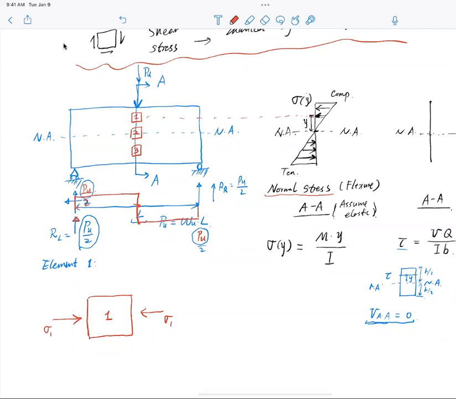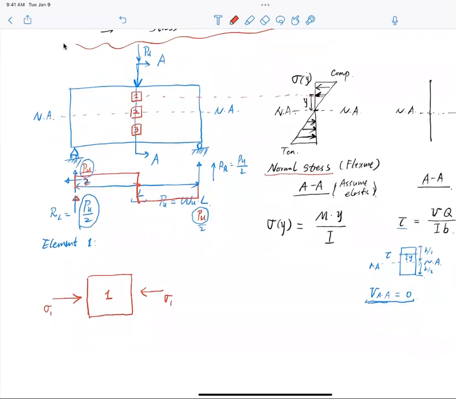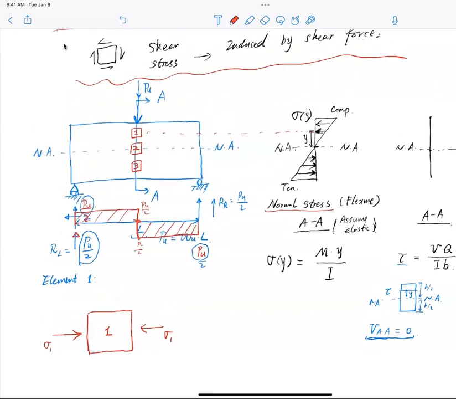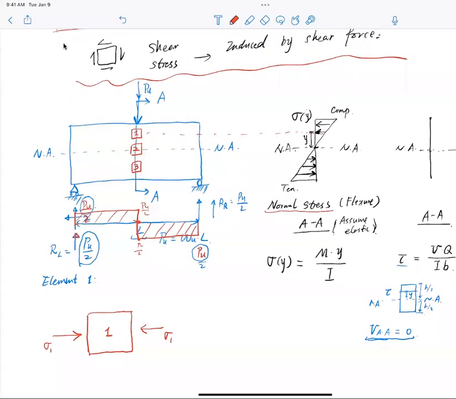So if I have concentrated load, my shear force is the same throughout. In the middle, I have half Pu here, half Pu here, and on the right-hand side half Pu there. Now if I have concentrated force, I'm looking at the middle section here.